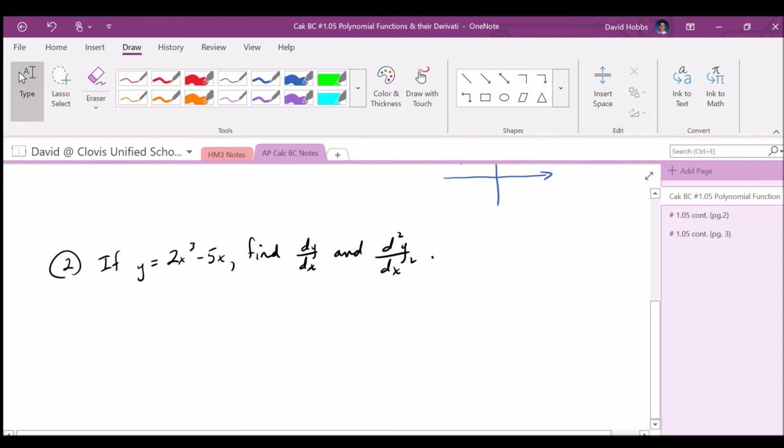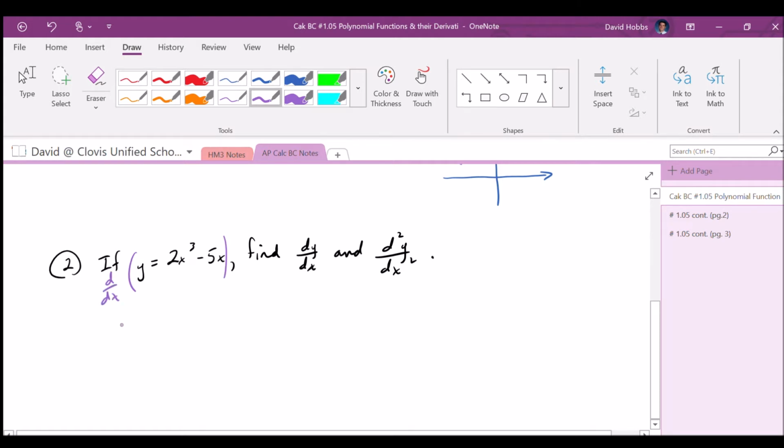So if y equals 2x to the third minus 5x, find dy dx, or y prime. Okay, so now, what's really happening here is we are doing the derivative of both sides of the equation with respect to x.